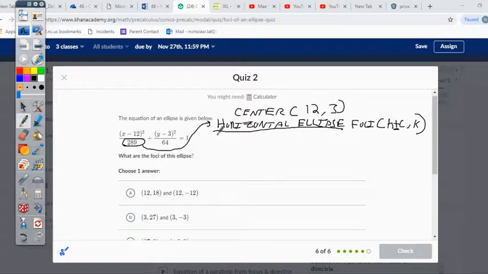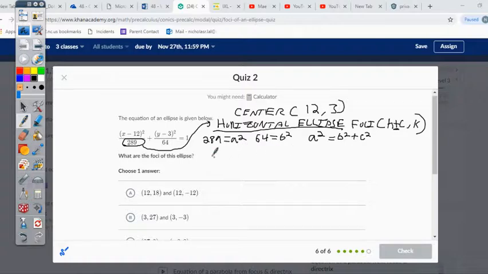So now we just need to find c. 289 equals a squared, and 64 equals b squared. So a squared is equal to b squared plus c squared.